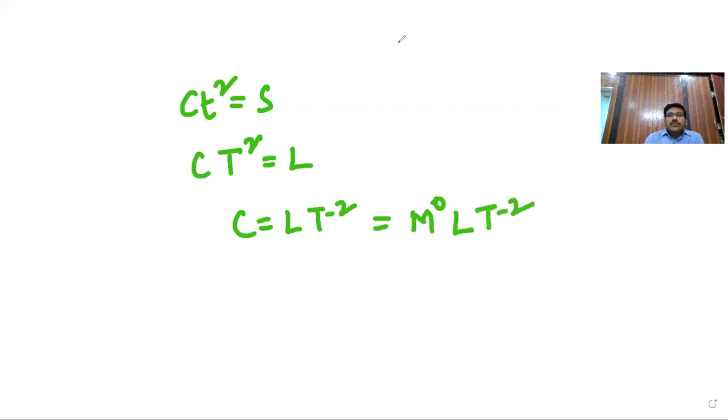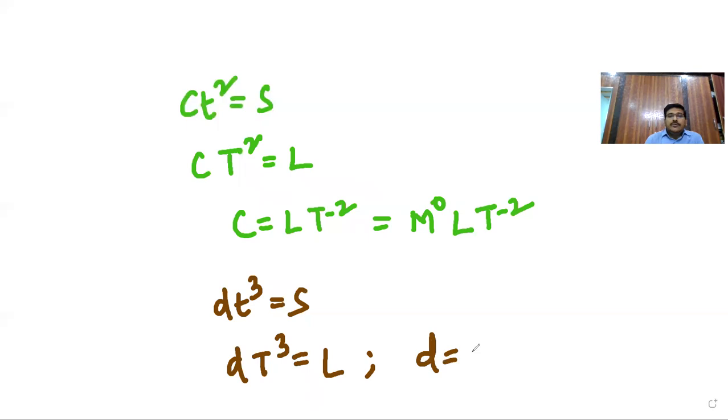And the fourth term, DT cube is equal to S. So D into T cube is equal to L, hence D is equal to LT minus 3, which is M to the power of 0, LT minus 3.